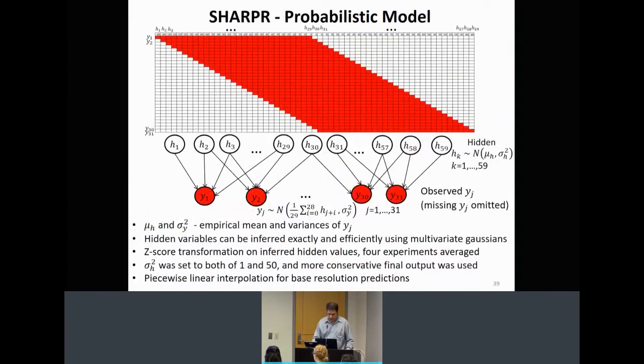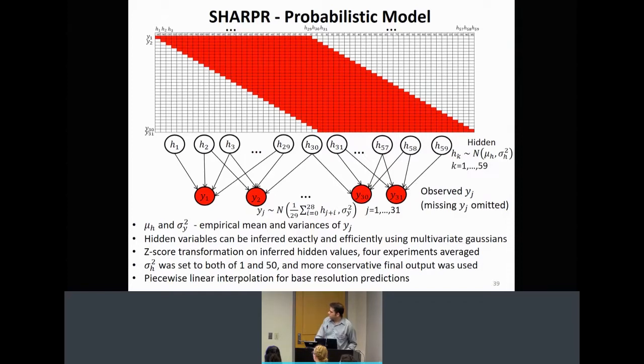So how we actually go about making these inferences is we have a probabilistic model that makes certain additivity and normality assumptions. The y variables correspond to the observations, after certain transformations, of each of the 31 reporter tiles. Then we have latent hidden variables h associated with each 5 base pair interval that span the 295 base pairs. We assume that y1 depends on the h variables that it overlaps, so h1 through h29, y2 will depend on h2 through h30, and so forth.